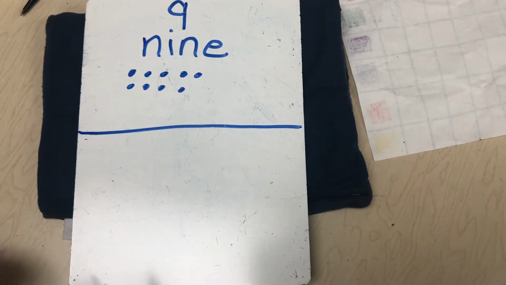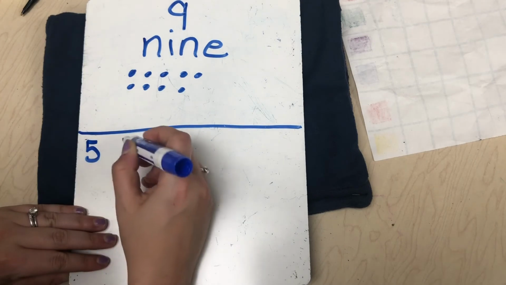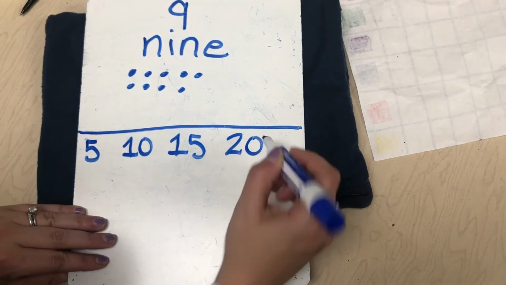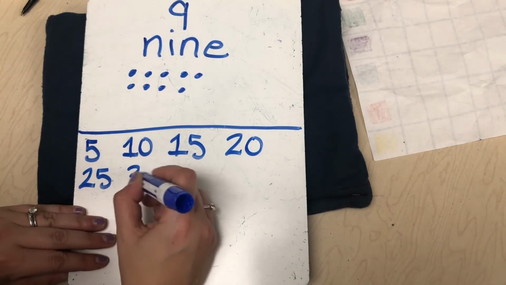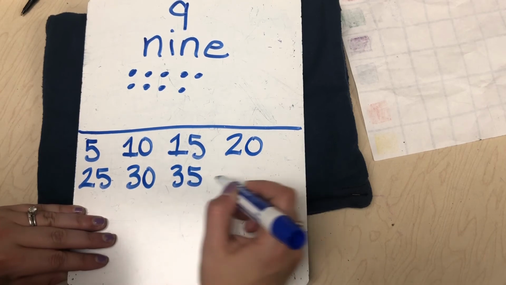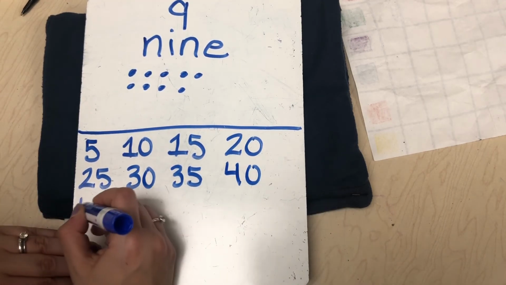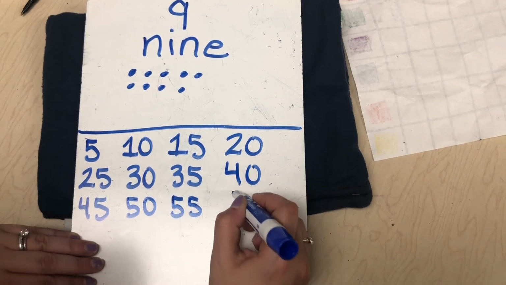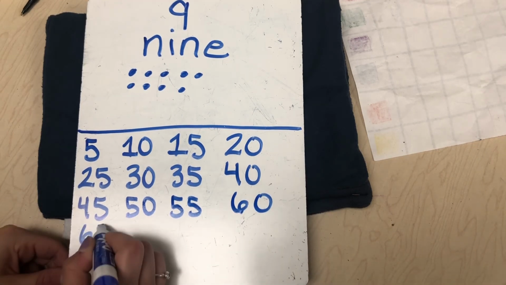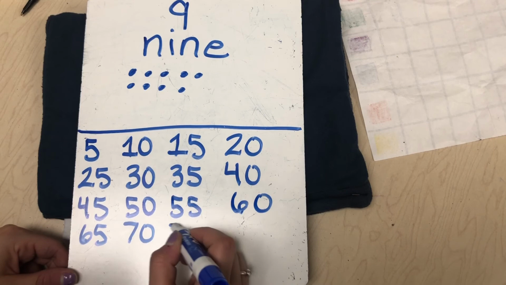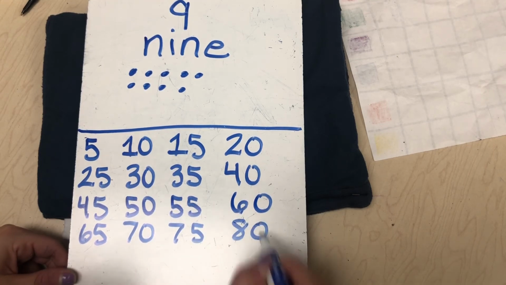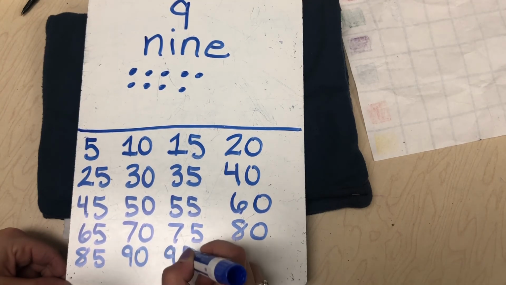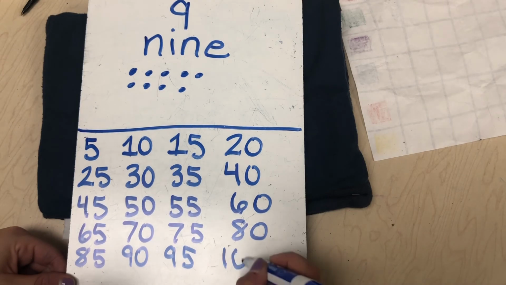Now we are going to write out the fives. So we counted by fives, now we're going to write them. 5, 10, 15, 20, 25, 30, 35, 40, 45, 50, 55, 60, 65, 70, 75, 80, 85, 90, 95, 100.